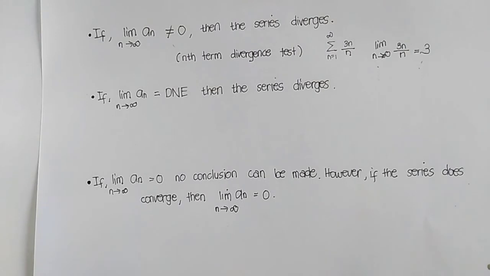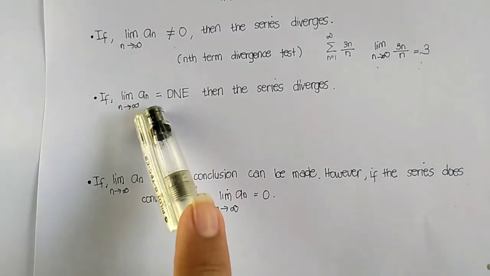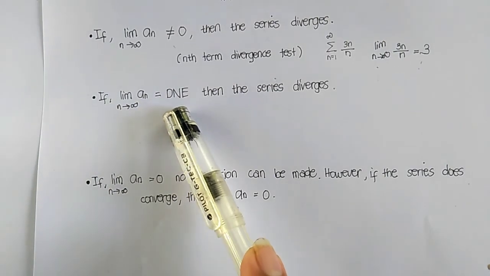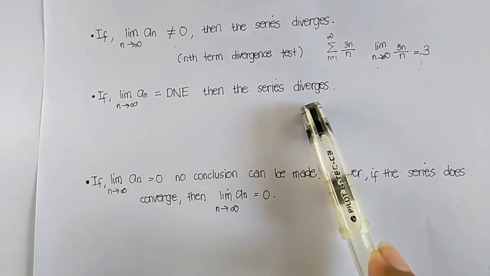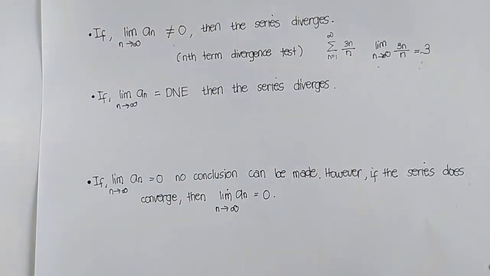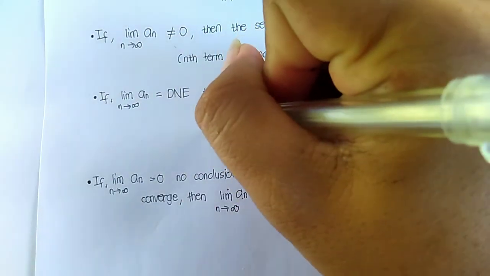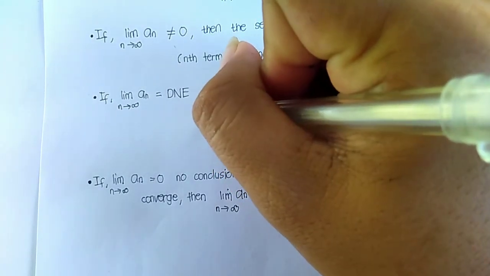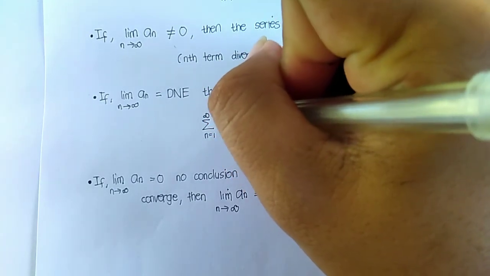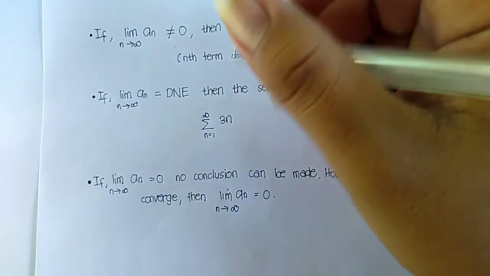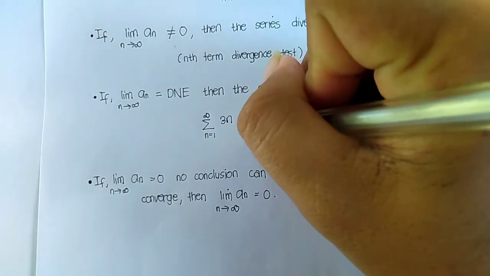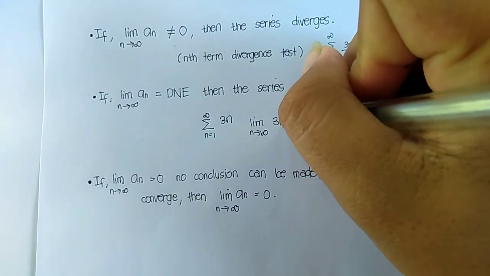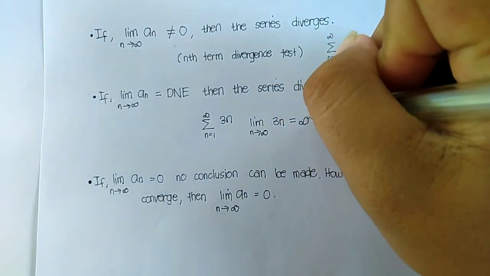It's also true that if the limit of a sub n as n approaches infinity does not exist, then the series diverges. So for example, if we have the infinite sum from n equals 1 to infinity of 3n, then the limit as n approaches infinity of 3n is equal to infinity.